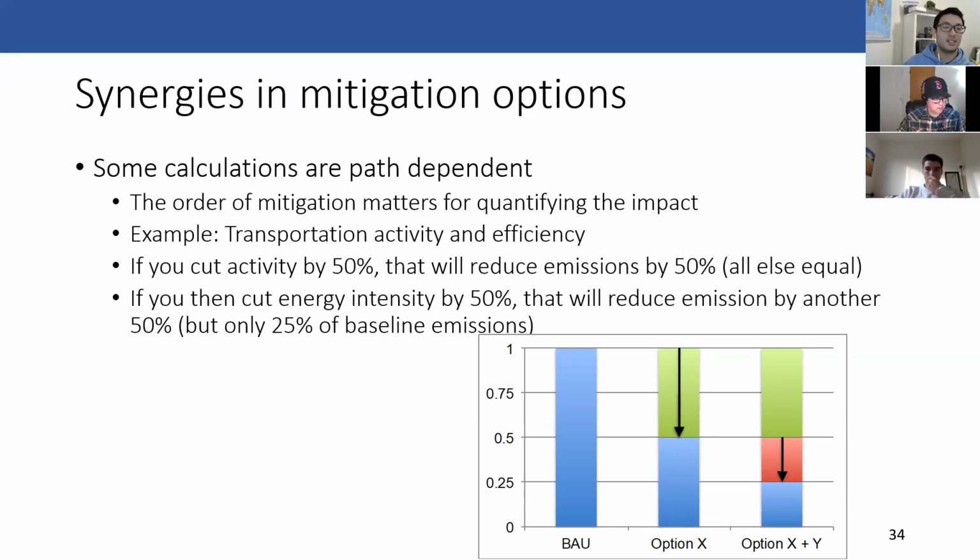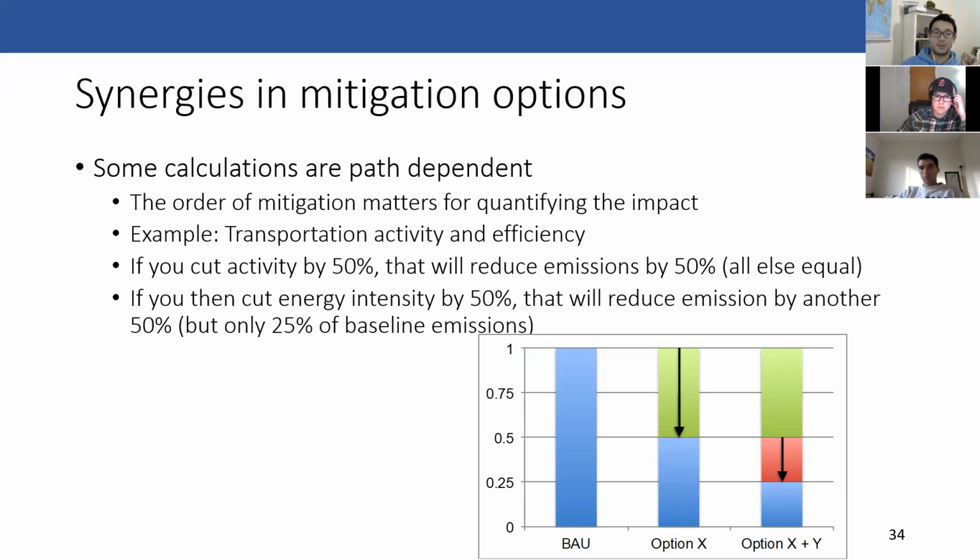Particularly for path dependency, in this example, transportation activity and efficiency, I can cut activity by 50%, and that reduces emissions by 50%. But if I cut both energy intensity by 50% and activity by 50%, you're only reducing the second half of that by 50%.